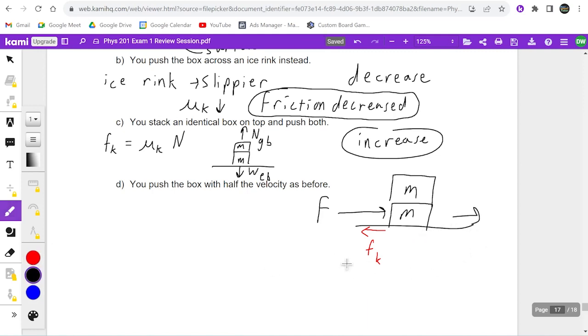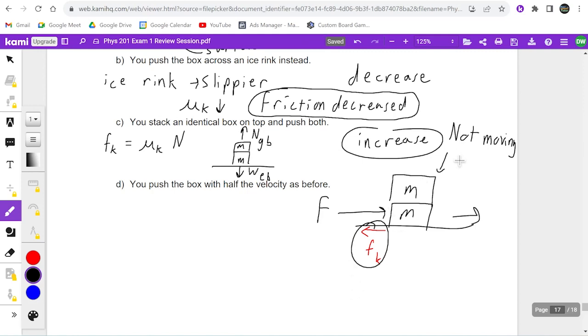For the top box, this is the confusing one. Because the top box, and by the way, whenever you have a box on top of another box, like these kinds of problems, which is what 25 is, it's the most difficult kind of friction problem, which is why I want to take a second to talk about it. So for the top box, it's actually not moving, which means it's not kinetic friction. Of course, for part C, I was talking about the kinetic friction here, which definitely increased.